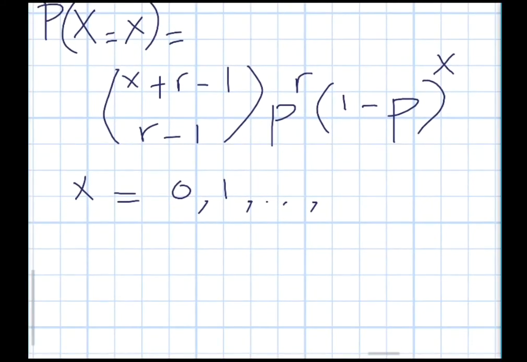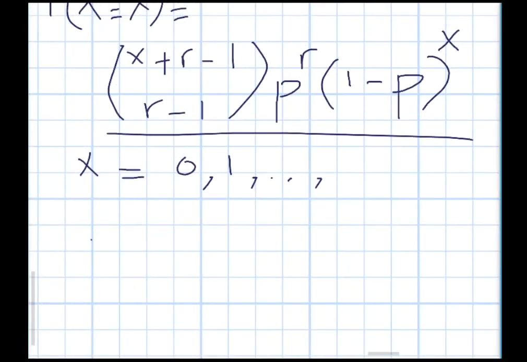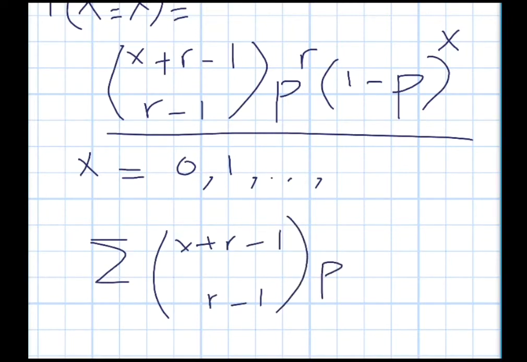So let's see whether this is a valid PMF or not. First of all, we see that this is always greater than 0 because p is between 0 and 1, and r and x are integers, positive or non-negative. Now we have to see whether this sums to 1. So the sum over x from 0 to infinity of x plus r minus 1 choose r minus 1, p to the r, 1 minus p to the x.